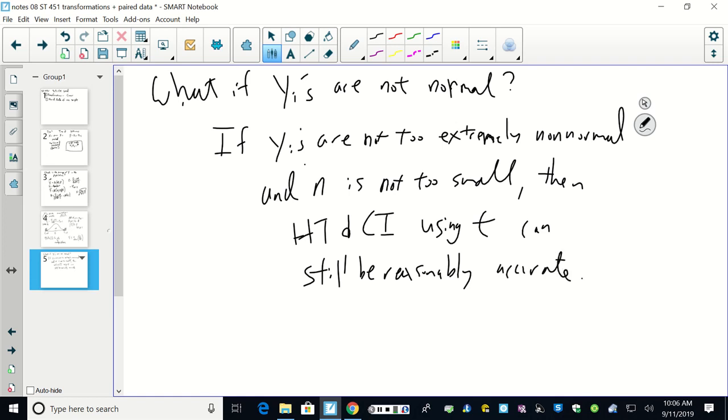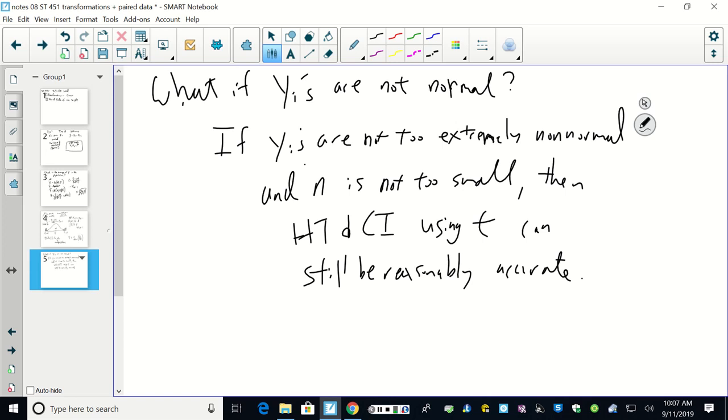But if in a smaller sample, 20, 30, even 40, and there's some really big outliers, then the accuracy in terms of the significance levels and the confidence interval coverage can be thrown off. You have a few extreme values, even if the null hypothesis is true, that could pull the intervals further away.